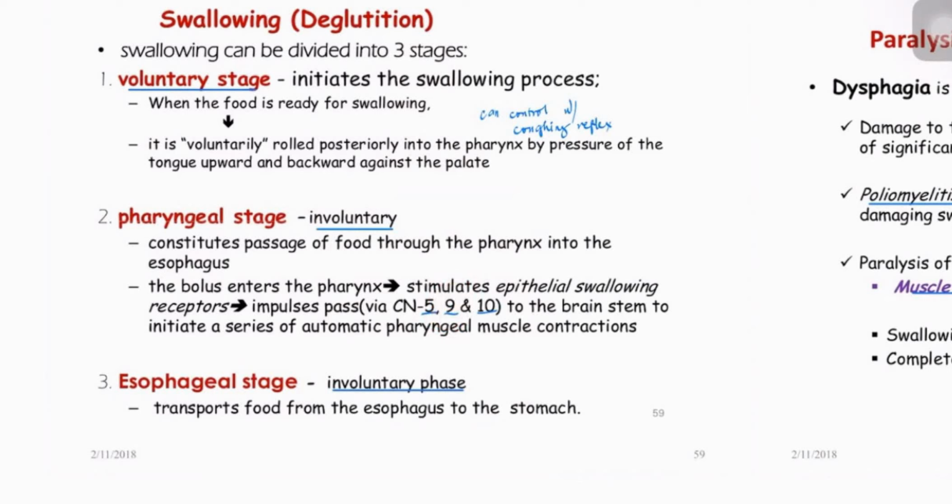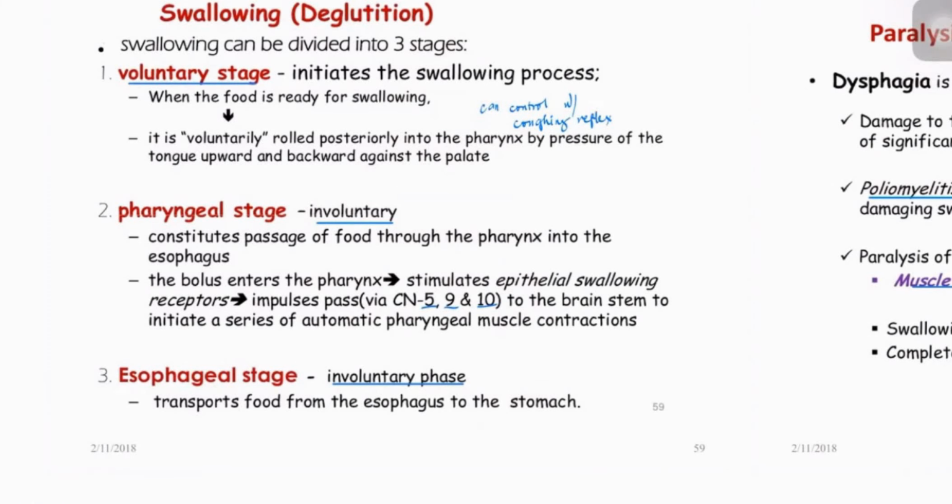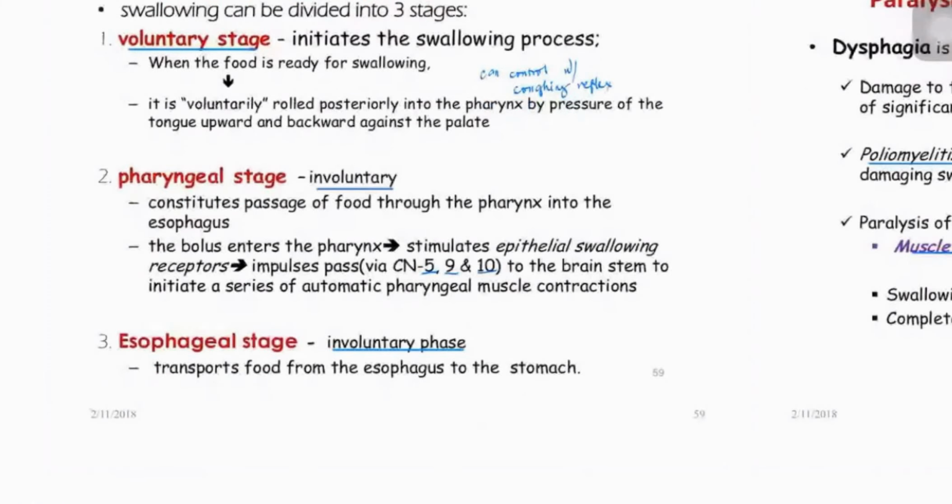What did we say earlier? Trigeminal, glossopharyngeal, and your vagus. Then, the brainstem initiates your series of automatic pharyngeal muscle contraction. Then, it will go to your esophageal stage, which is an involuntary phase. It's the transport of food from the esophagus to the stomach.